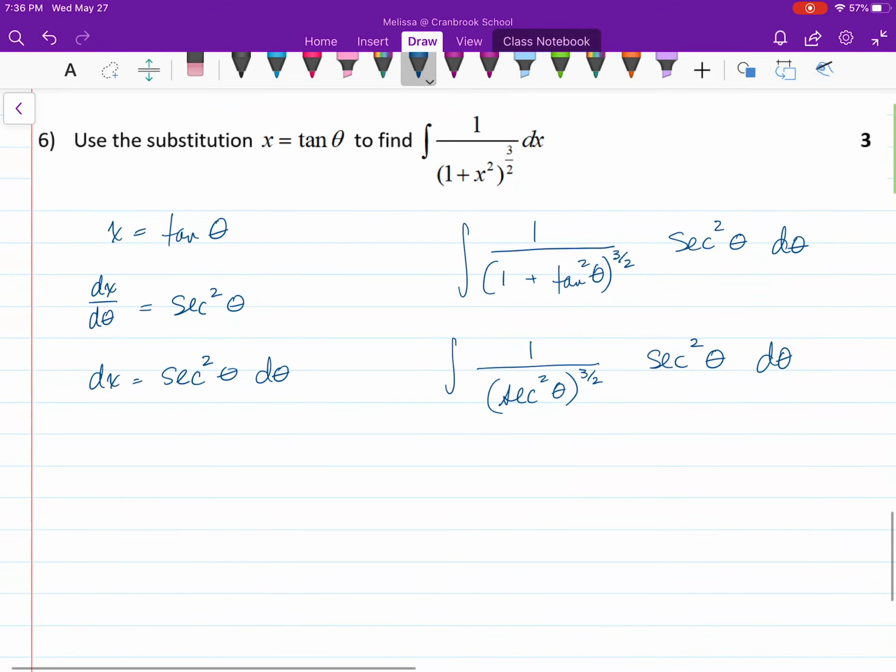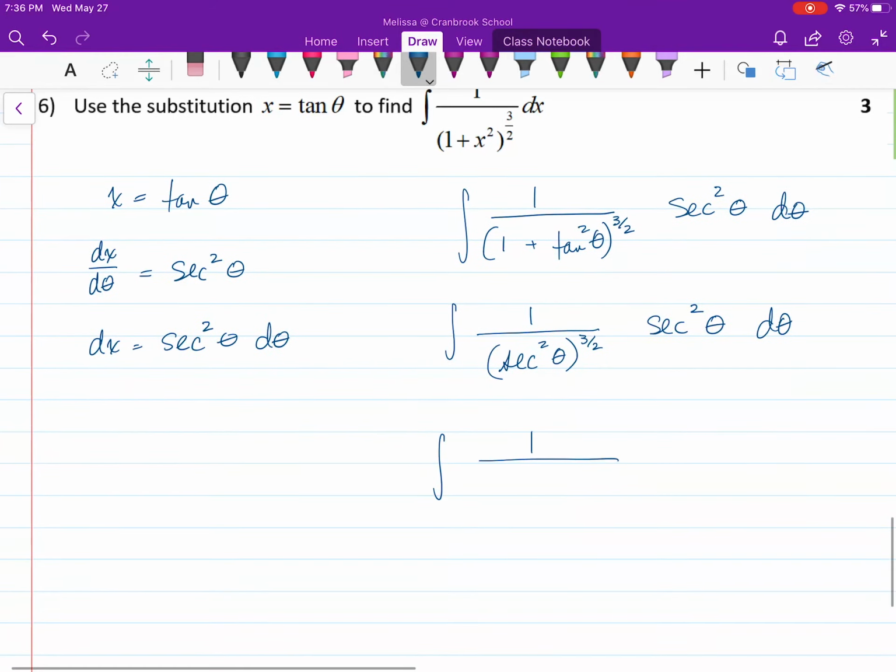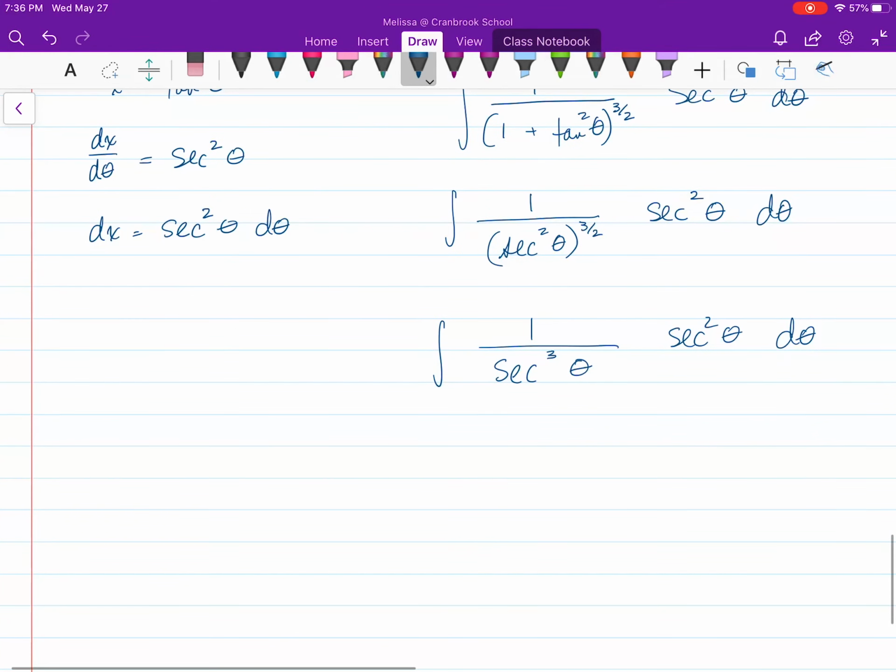And if you remember your power rules again, when we simplify that secant squared to the power of 3/2, I won't skip a step here, that becomes secant cubed theta, still times secant squared theta out the back. And this was a step that I didn't skip.